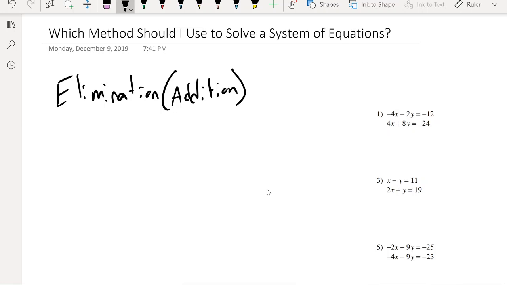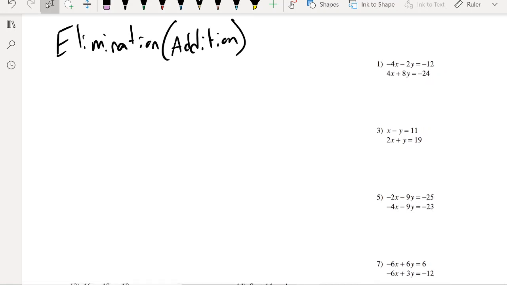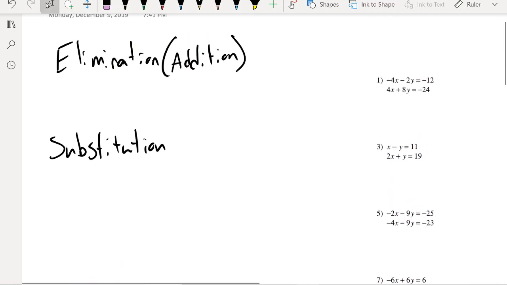So sometimes it's called addition elimination. Then you have substitution. I'll leave a little bit of a space here so I can describe them and what makes them the best in what scenario. And there's not another name that I know of for that one. Elimination and substitution are the big two.